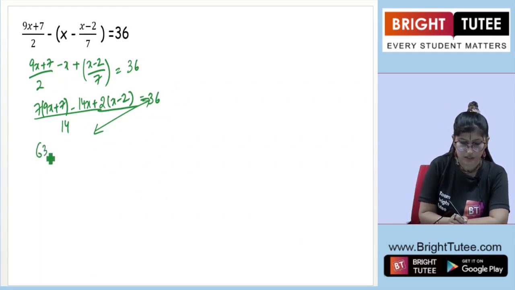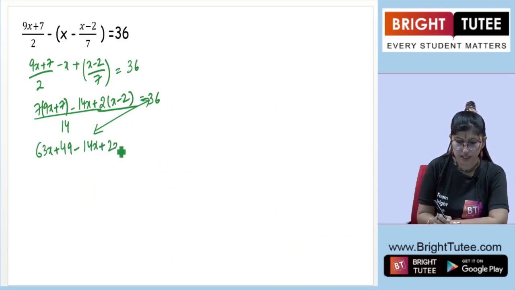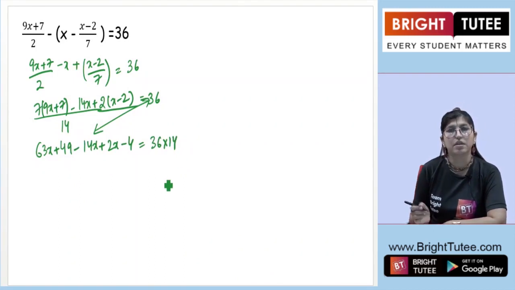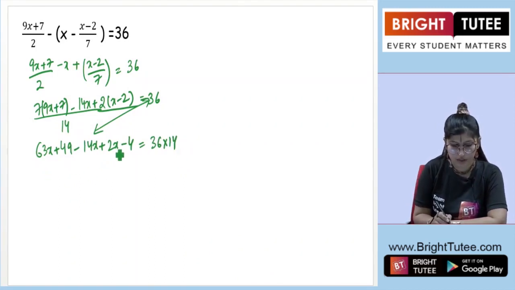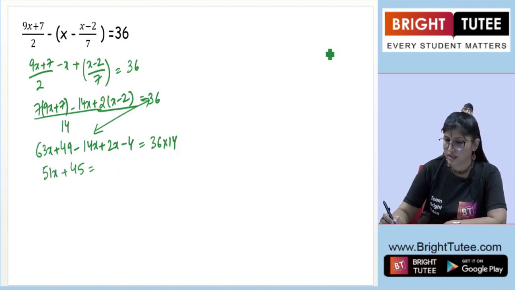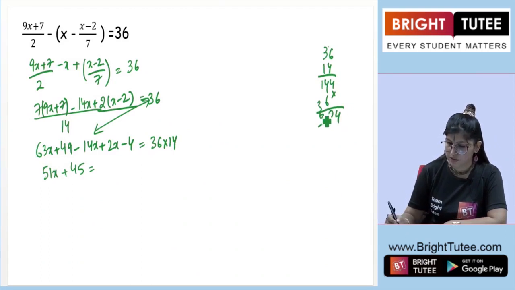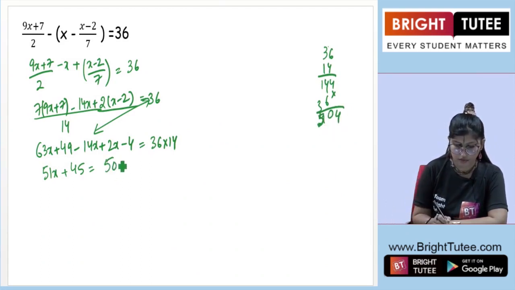So we get 63x plus 49 minus 14x plus 2x minus 4 equals 36 times 14. Clubbing like terms together, 63 minus 12 is 51x plus 49 minus 4, which is 45, equals, let us say, what is 36 times 14? It's 504.